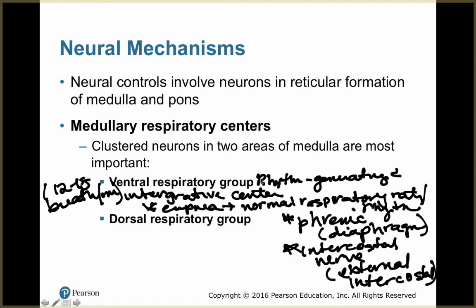Now, the dorsal respiratory group is a network of nerves located near the root of cranial nerve 9.